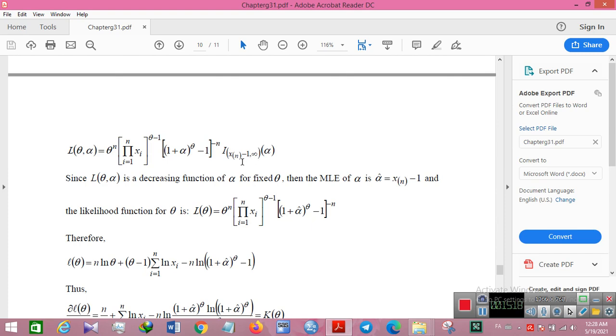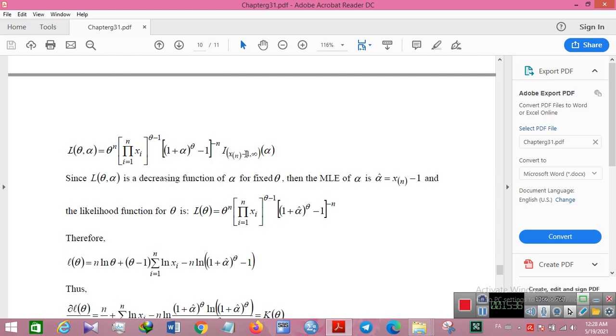However, if you look here, we find that for fixed theta, L(theta, alpha) is a decreasing function.